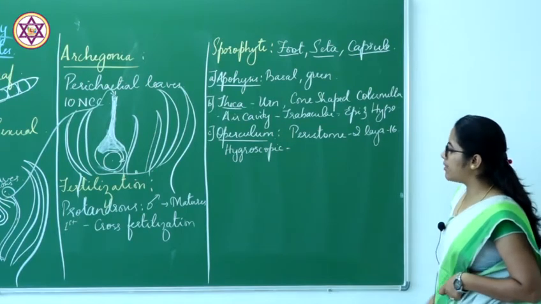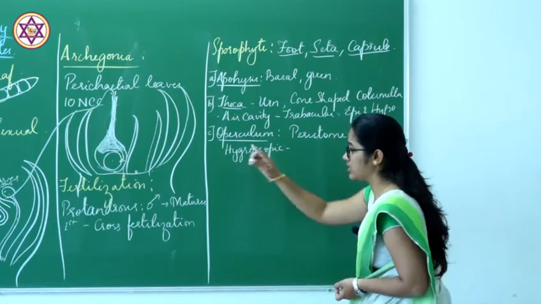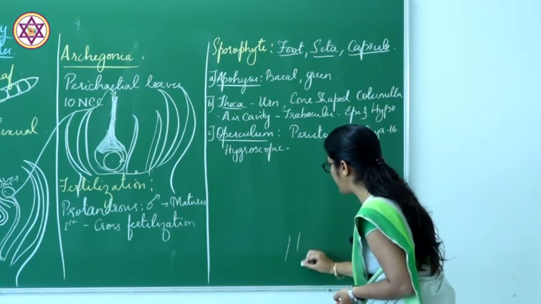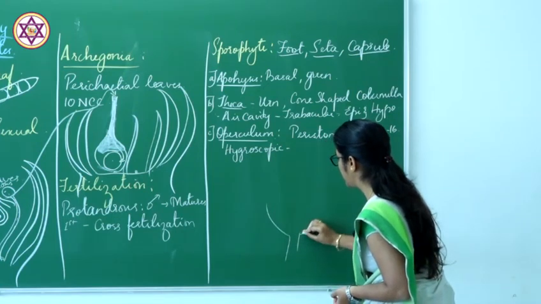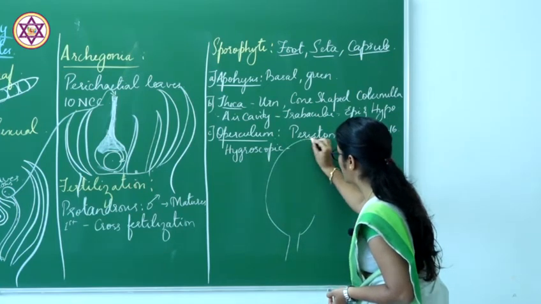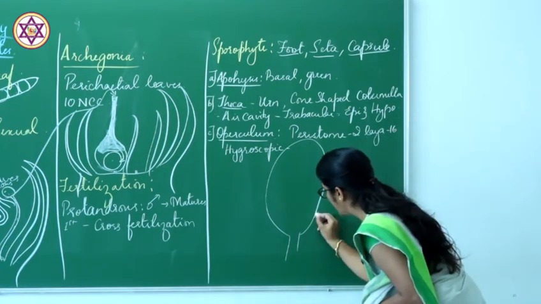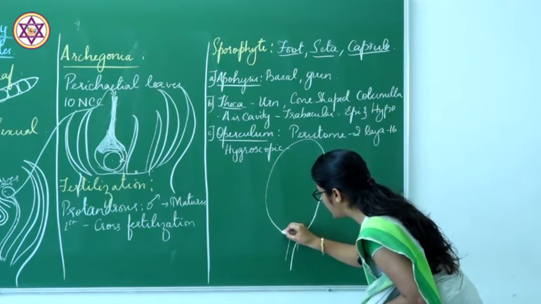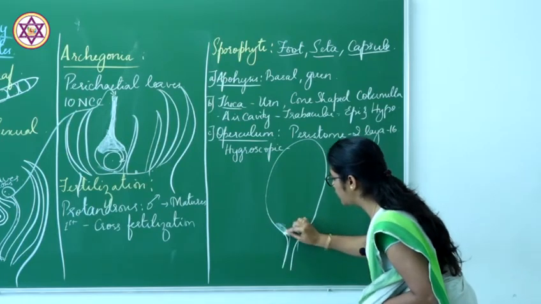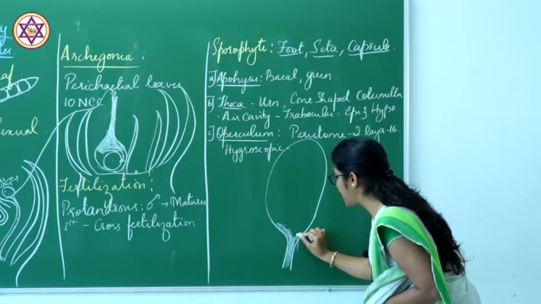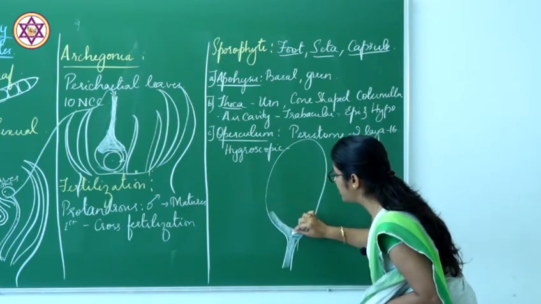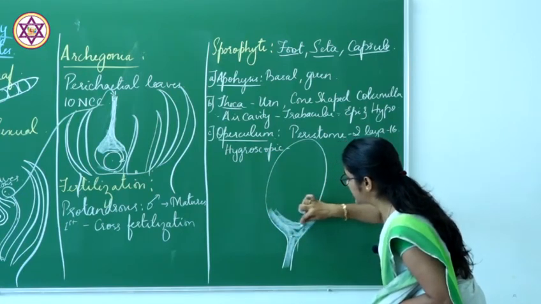Now, talking about the capsule, that is the sporophyte, you will find it to be present in a bulbous structure. So the basal region is the place wherein you will find meristematic cells and parenchymatous cells.